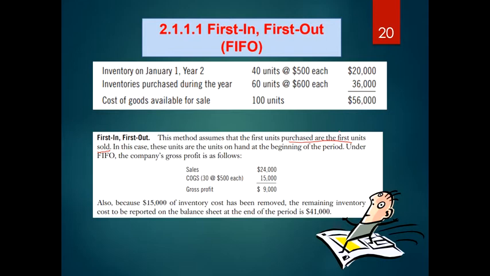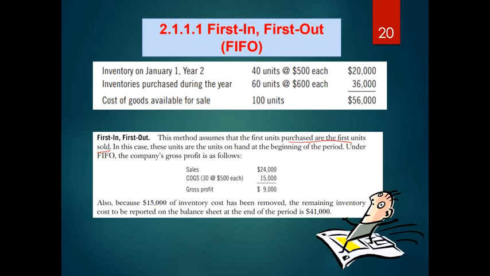Now let's take a look at the illustration here. Inventory on 1st January is 40 units at $500 each, and inventory purchased during the year is 60 units at $600 each. So cost of goods available for sale is 100 units.